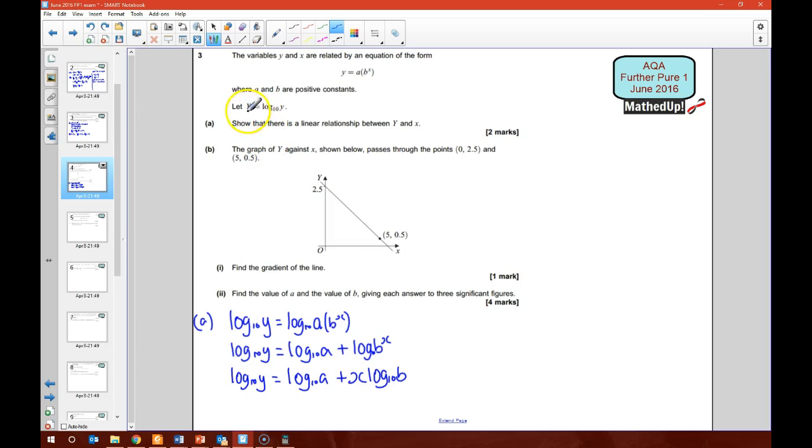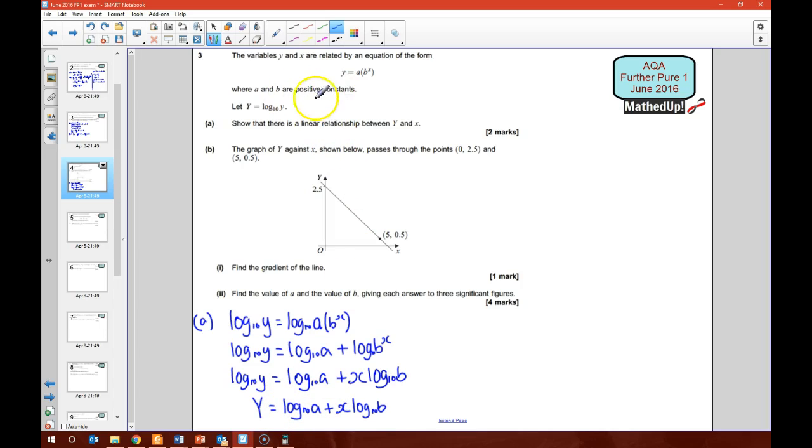Now, we're going to let Y equal the log of y. So I can write this as Y is equal to the log of a plus x times the log of b.